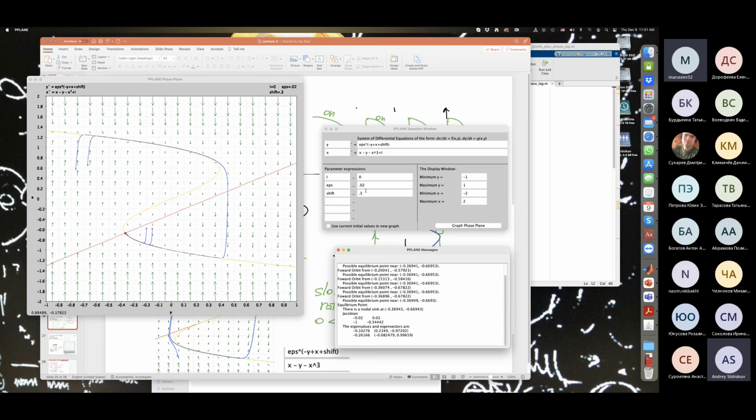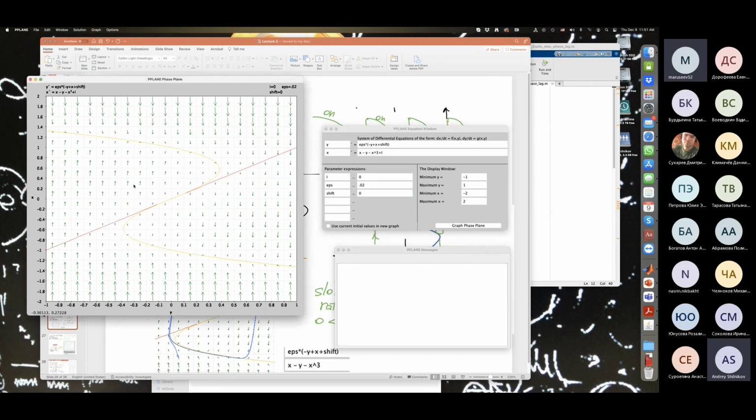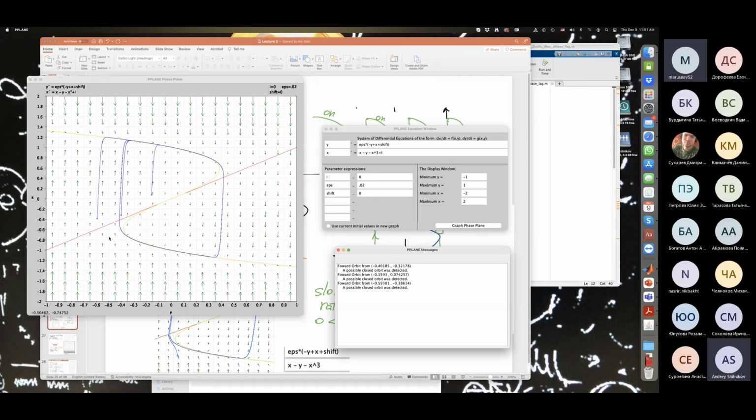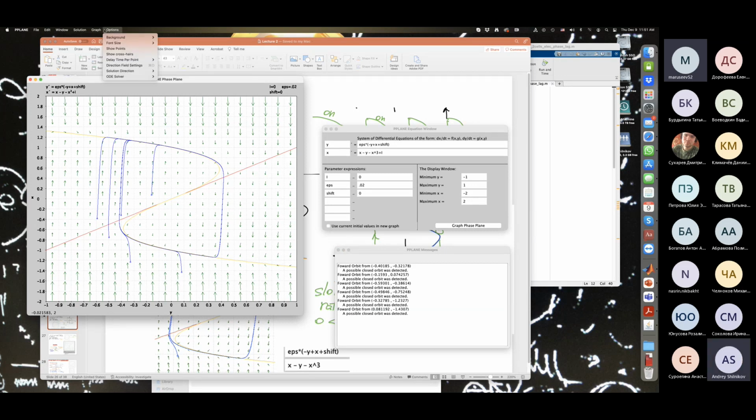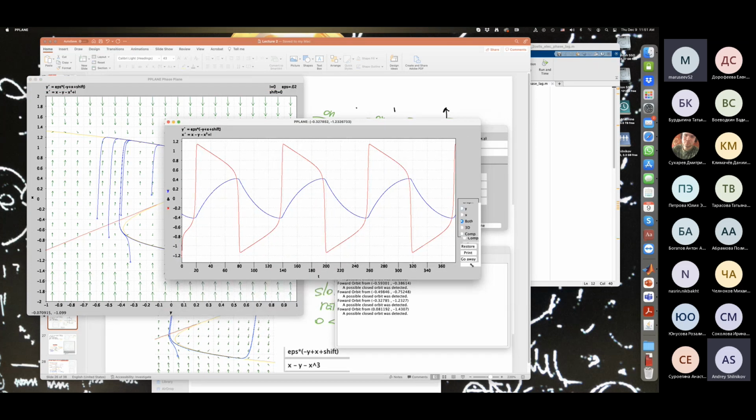It's stable, and then if I shift the null line up, I'll just make it 0 for simplicity, right in the middle. And then if I run this, I have oscillations in the system. So I click here, and I want to show both x and y in time. Let me integrate it. So that's what I have, right?